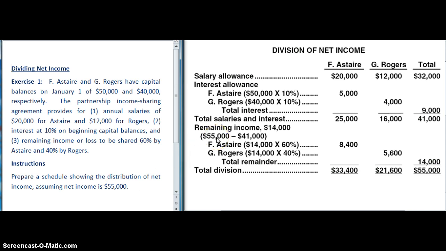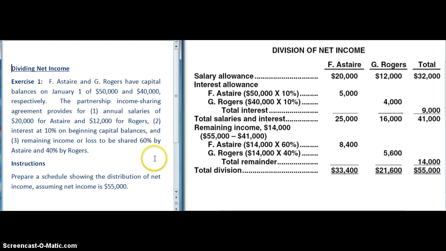From the total net income of 55,000, you will subtract 41,000, which is from here, the total salaries and interest distributed to both the partners. So the remaining income is 55,000 of total income minus 41,000 of total interest and salaries distributed to partners, which gives us 14,000 remaining income.